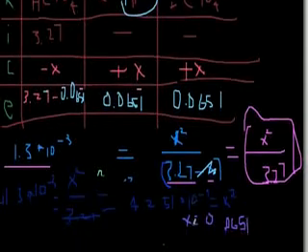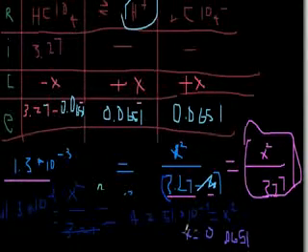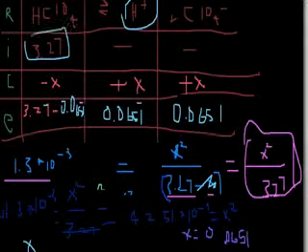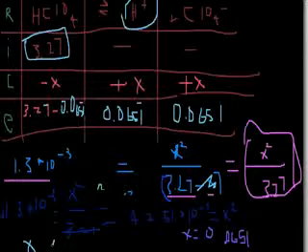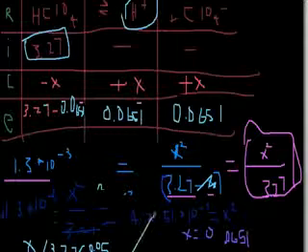You take the x you found, divided by the starting concentration of the reactants, which is 3.27, x over 3.27, and if this is less than 5% or 0.05, then it is a valid assumption.